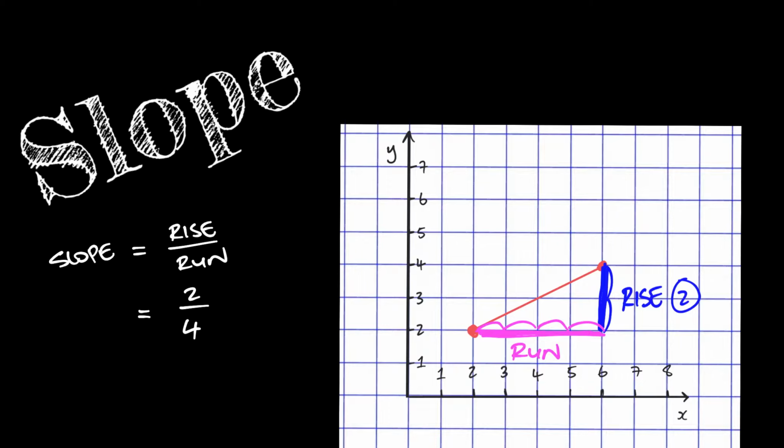So 2 over 4, that will simplify down to 1 over 2, because I can divide the top by 2 and I'll get 1, and I can divide the bottom by 2 and I'll get 2. So the slope of the red line there is going to be 1/2. That's telling us how much that rises by. So that'll be the first one there.